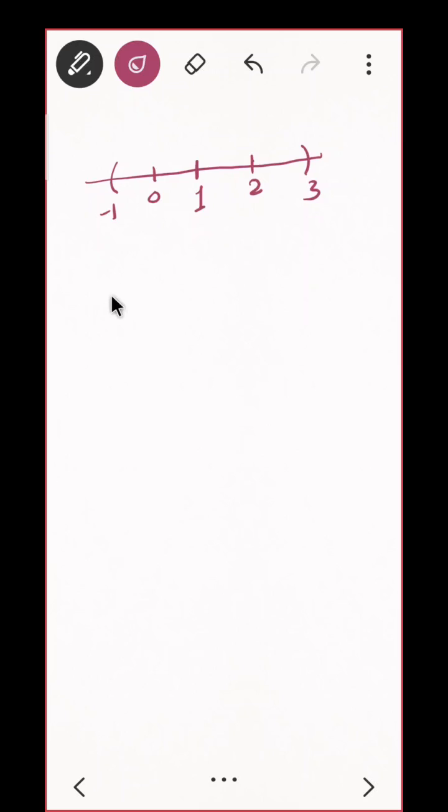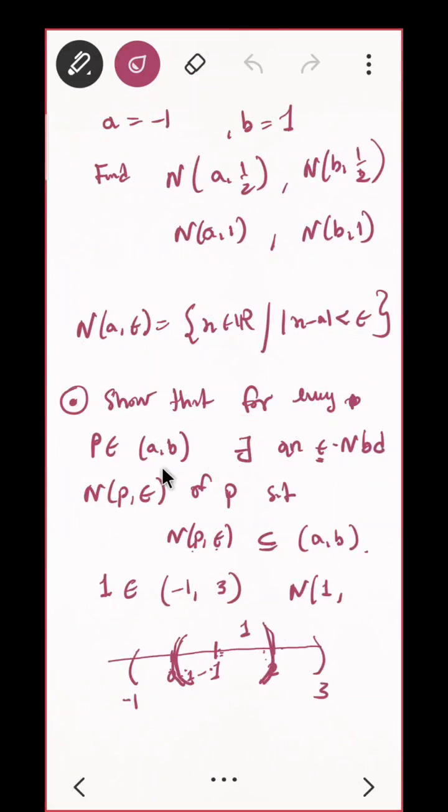Now I'm asking, give me an N of 1 epsilon such that this N of 1 epsilon is completely lying inside that whole big interval, -1 to 3. Read the statement once again. Show that for every p belonging to this, there exists an epsilon. You need to find an epsilon neighborhood such that it is completely contained in that.